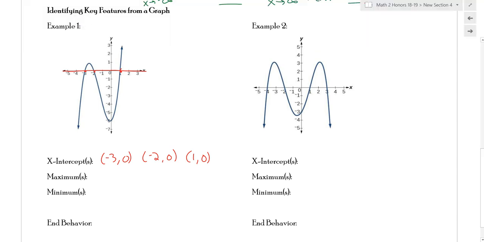Maximums, remember maximums look like this. So I see a point right here. It's not right on a number, so I'm going to round that. It's between -3 and -2, so -2.5, 1 is that point.